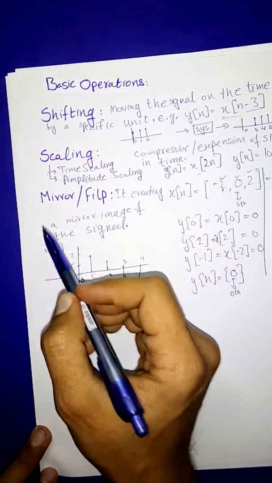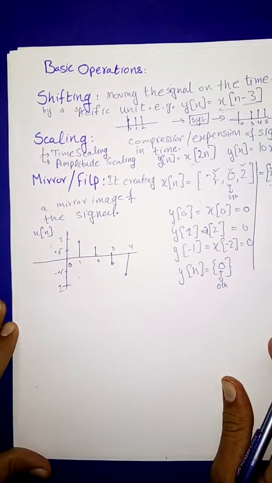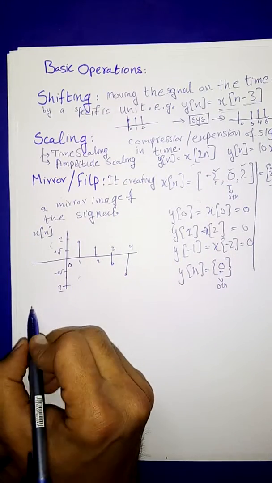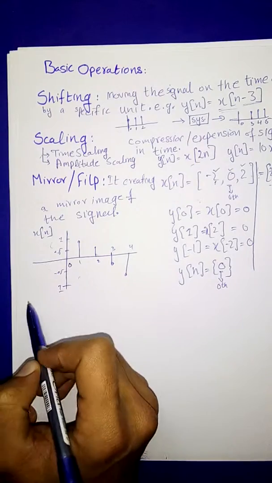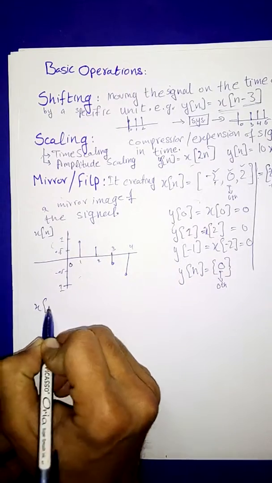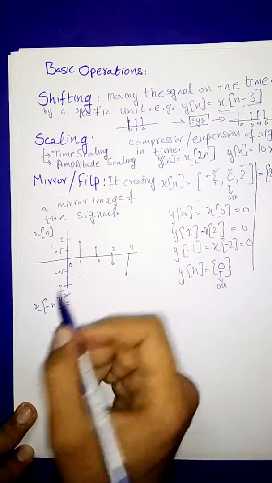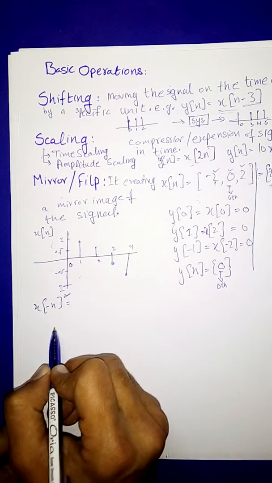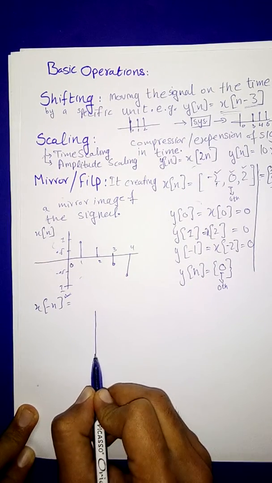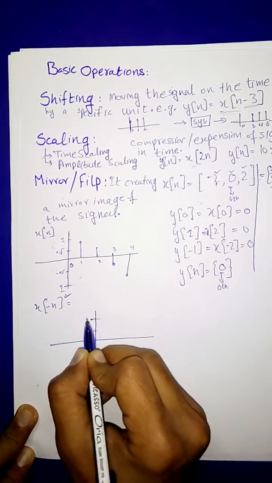Now when we apply mirror operation or flipping operation on this input signal, there are two types. There is a positive, this is denoted by x of negative n. This is what is known as flipping. So what this does, the amplitude will remain the same, only the position will change. This is the 0th line, 0.5, 0.5, 1.